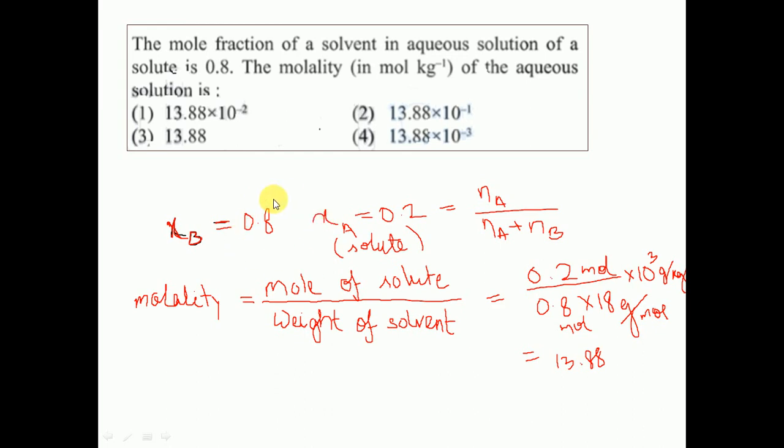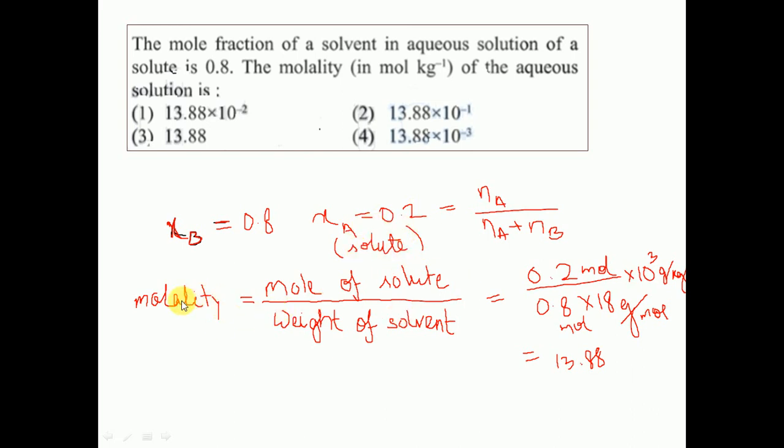If we consider the total moles to be 1, then the mole fraction of solute is 0.2, because we just have to subtract 1 minus xB to get xA, which is the mole fraction of the solute. So this will be 0.2.